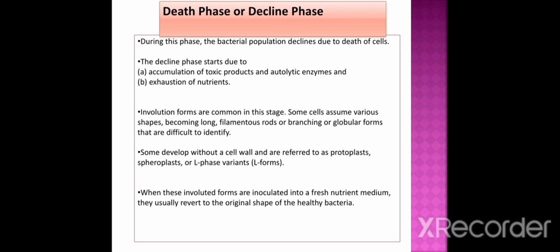The third phase is stationary phase where the growth rate is equal to death rate. The population stabilizes and during the stationary phase endospores also form. And the last phase is the death phase, or declining phase, where death rate exceeds growth rate due to accumulation of toxic products and exhaustion of nutrients.